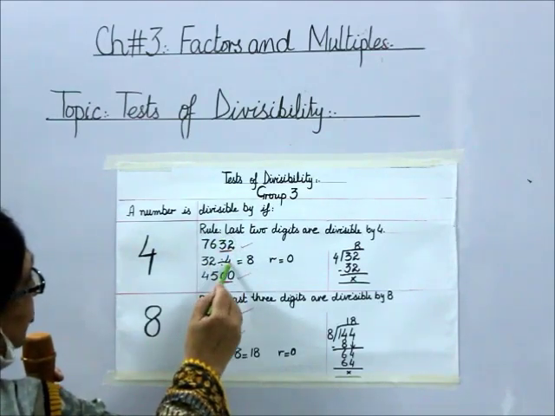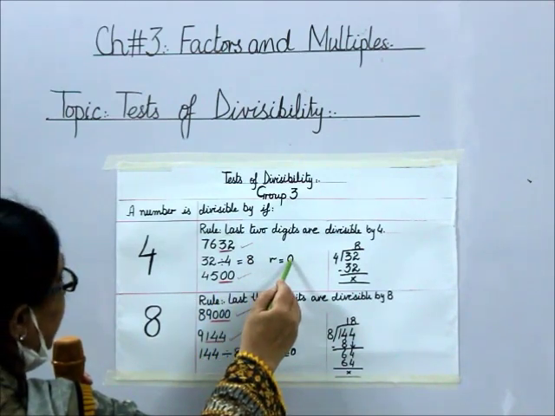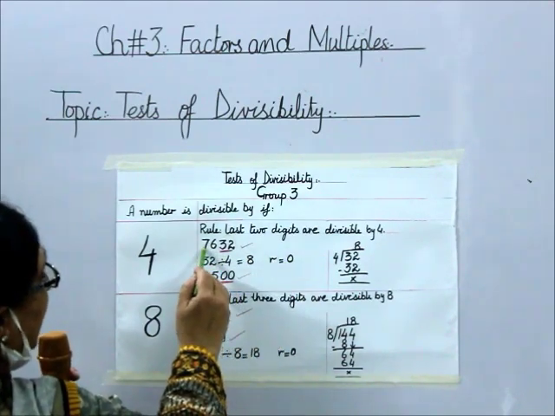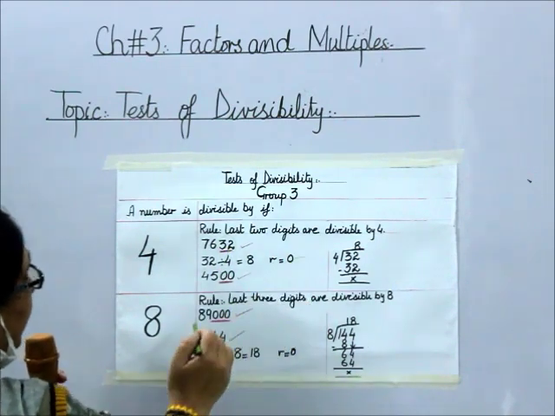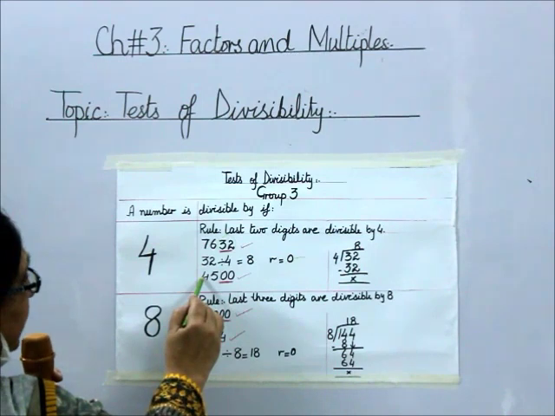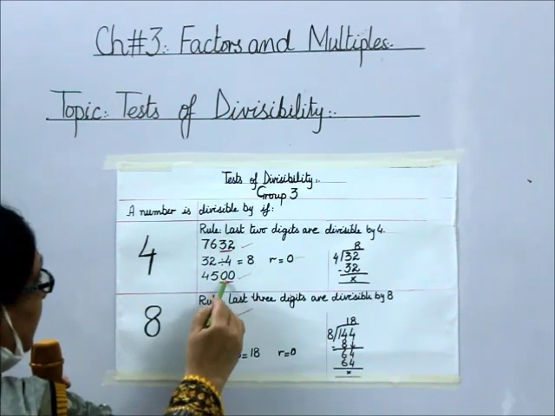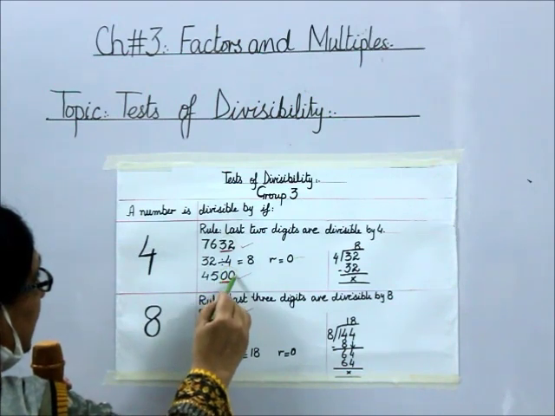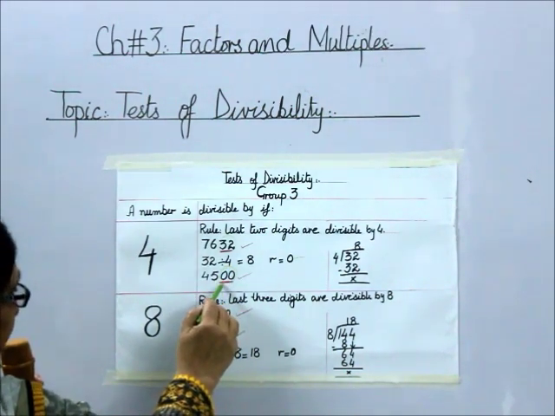If we divide 32 by 4, the quotient is 8 and the remainder is 0. It means 7632 is divisible by 4. I have written another number, 4500. Now you can see the last two digits are zeros, so this number is also divisible by 4.